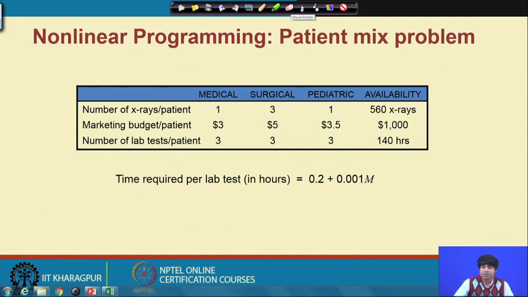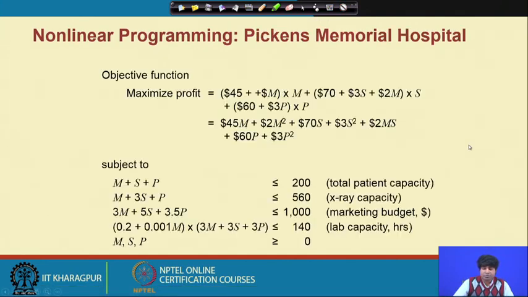So, the final NLP nonlinear programming model is like this: maximize profit. This profit function is actually a cluster of three different situations, and if you simplify, it by default comes into a nonlinear structure.